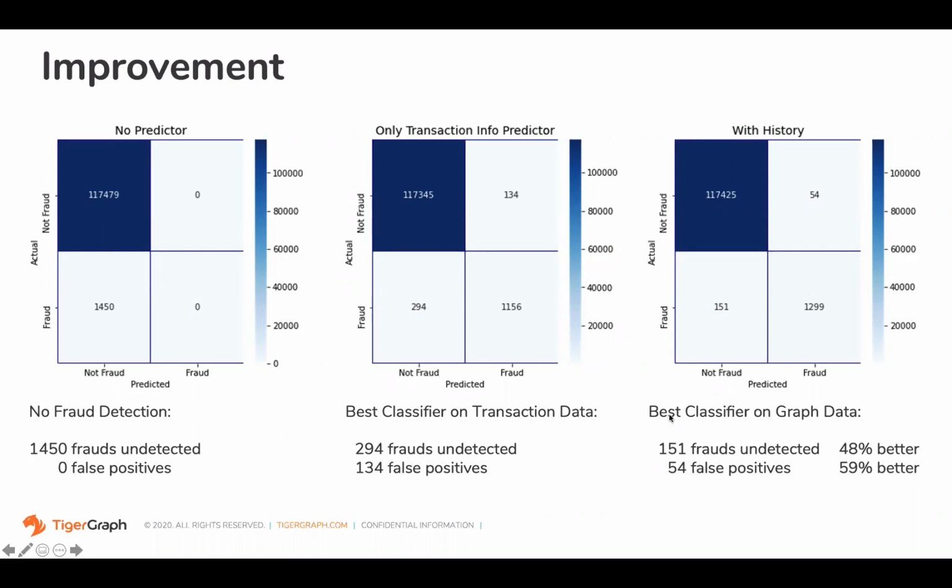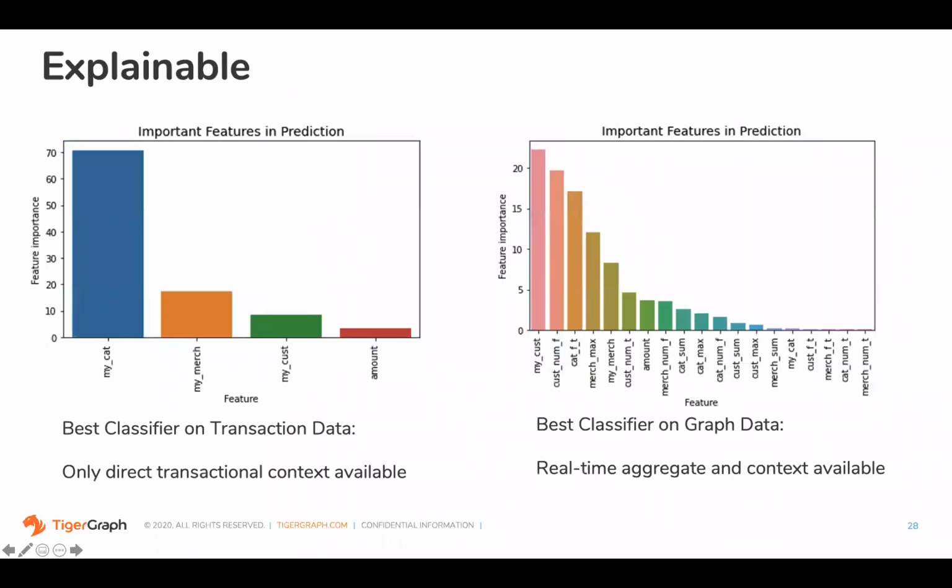But using the history, using these additional features, Richard was able to halve the undetected frauds and have 60% better value for false positives. And the results are explainable.